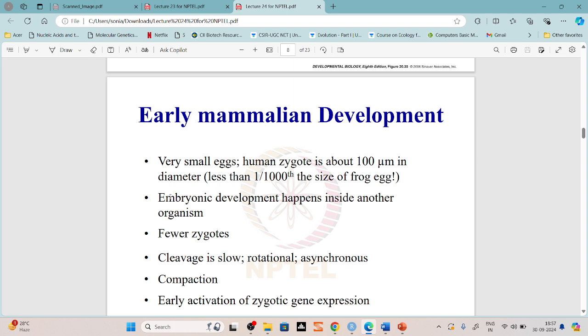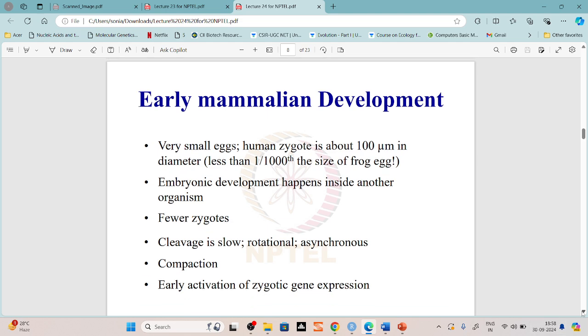Then a very important point is fewer zygotes. For example, frogs lay hundreds of eggs. Fish lay many too, but just think about very small multicellular organisms, where progeny zygote formation is in huge numbers. But in mammals, zygotes are very few. Then cleavage is slow, not fast.